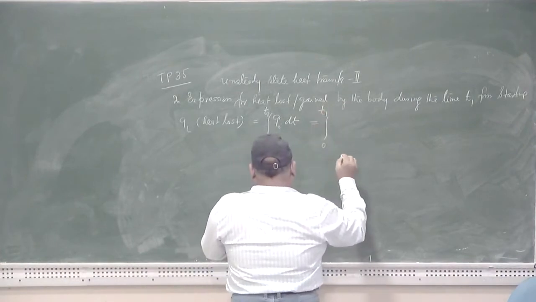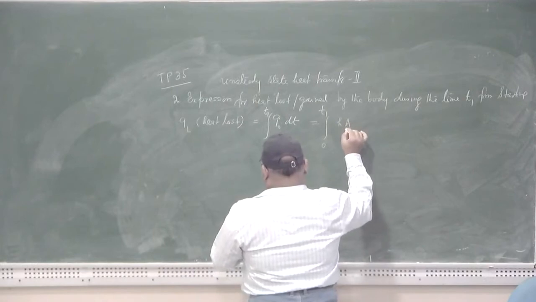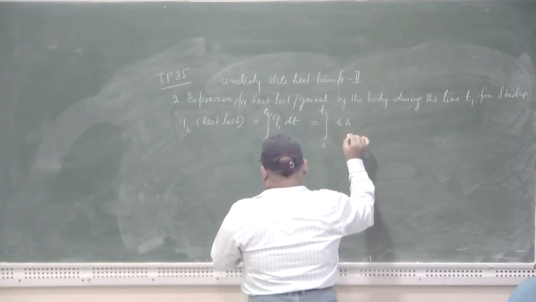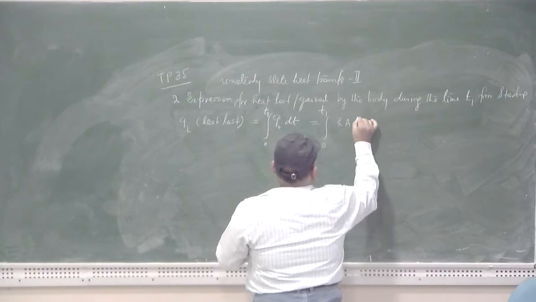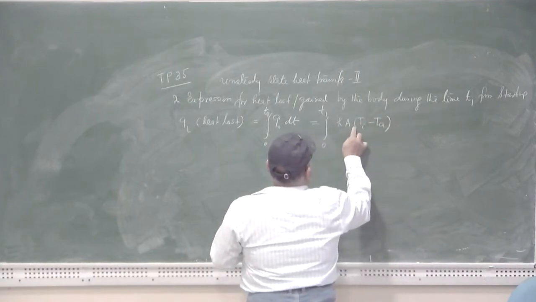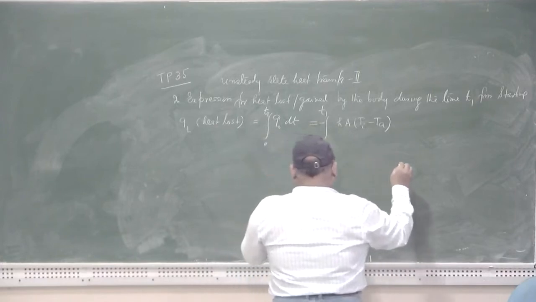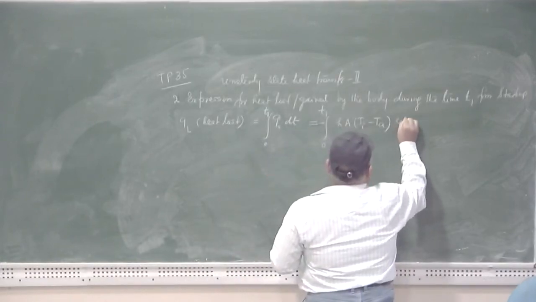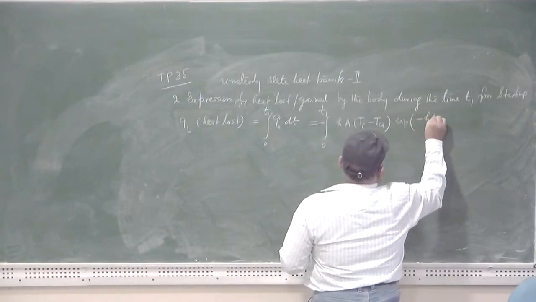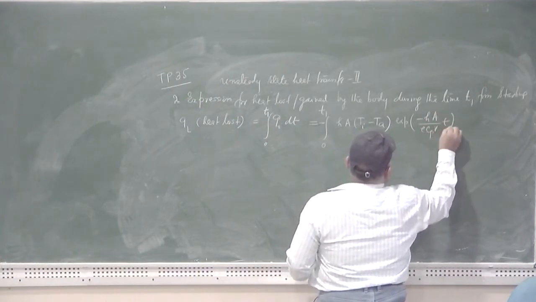Expression for QI will be taken as h into A into Ti minus Ta, with a minus sign if you are using Ti first, into exponential of minus hA divided by rho CpV into t.